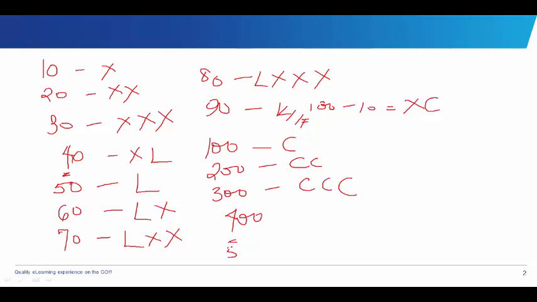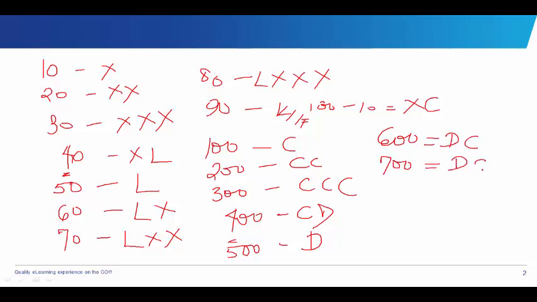I'll jump to and go to 500. 500 is D, so our 400 automatically becomes CD. Then 600 DC, 700 DCC, 800 D and 3 C's.